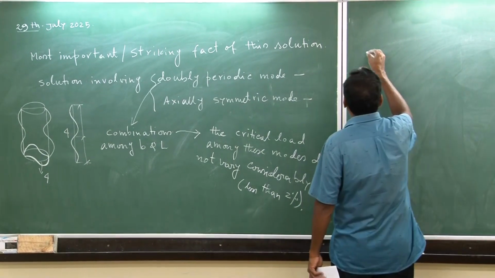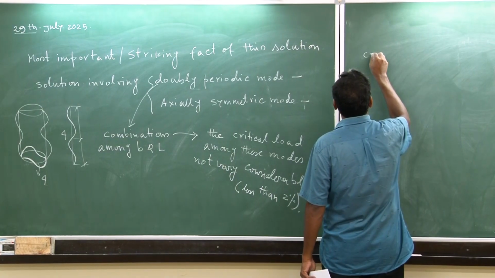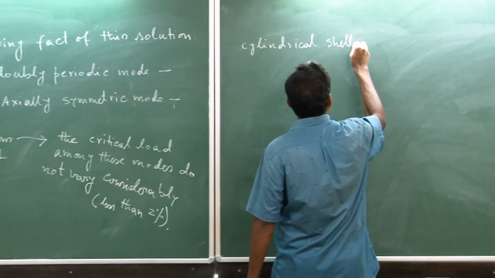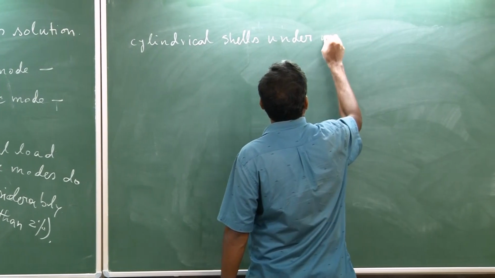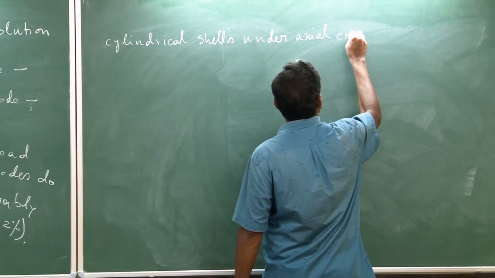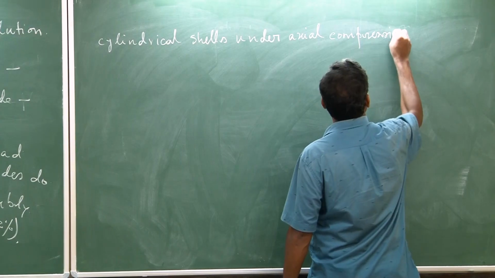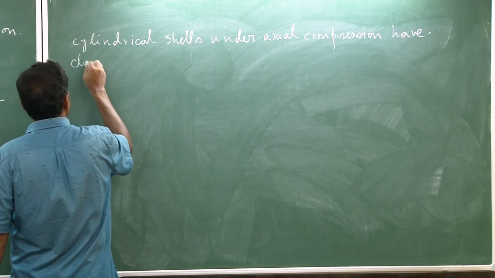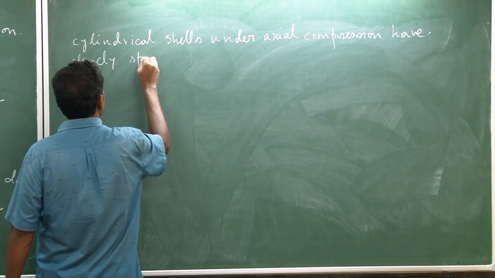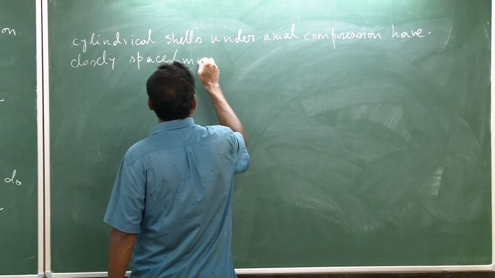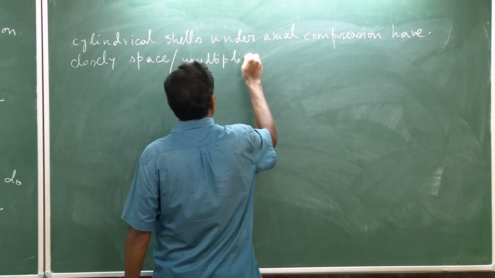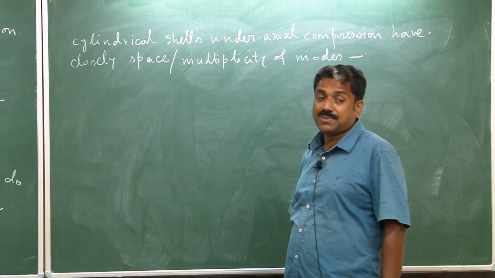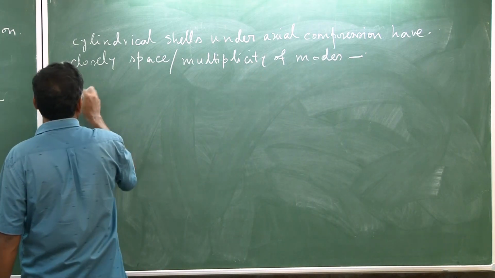That means cylindrical shells under axial compression have closely spaced modes, or multiplicity of modes, and when there is multiplicity of modes, they will interact.